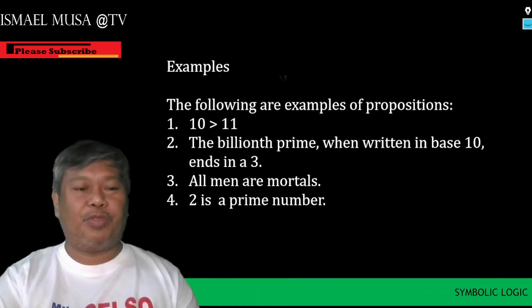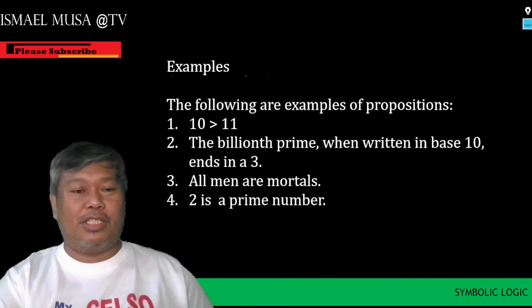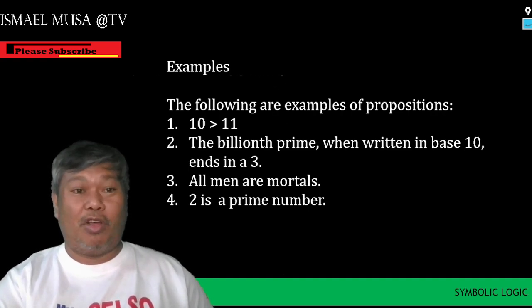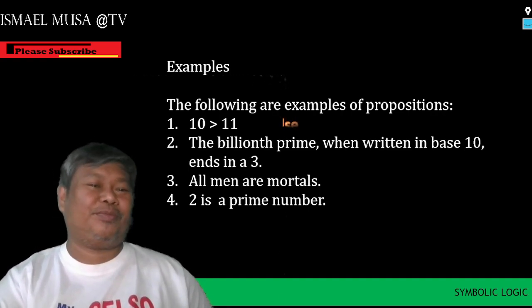Before going further, let us have some examples of propositions and whether they are true or false. The following are examples of propositions. The first one is: 10 is greater than 11. Of course, that's false.